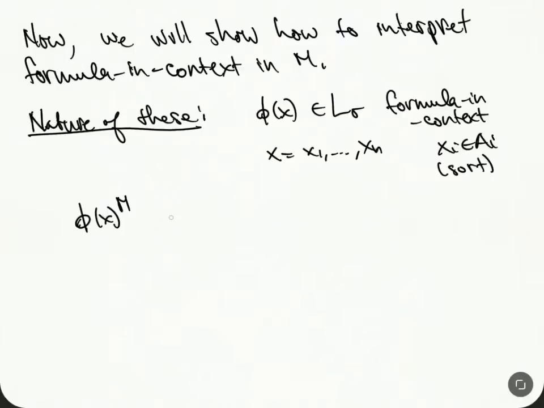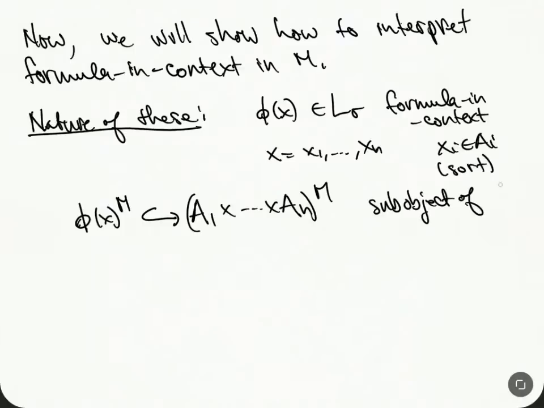So this guy here is going to be a sub-object of a to the m. So this thing's a here. Okay, so this will be a subobject of a to the m.